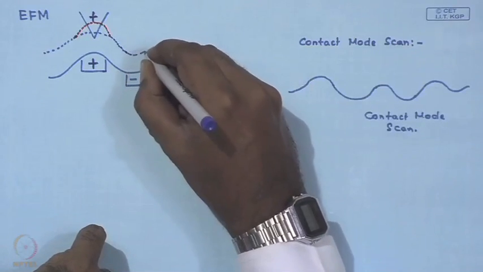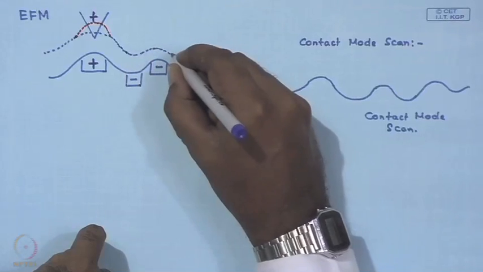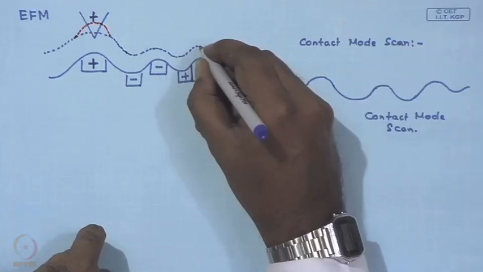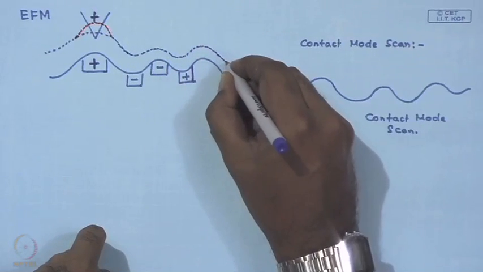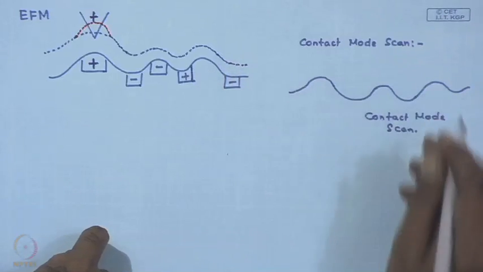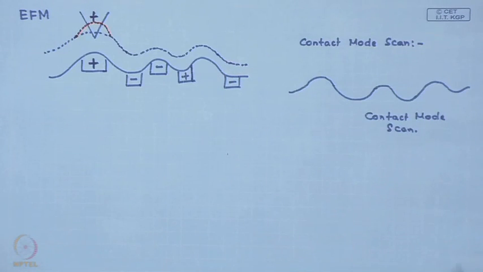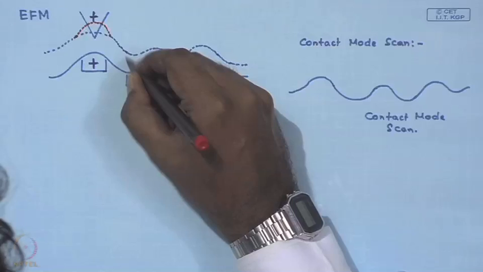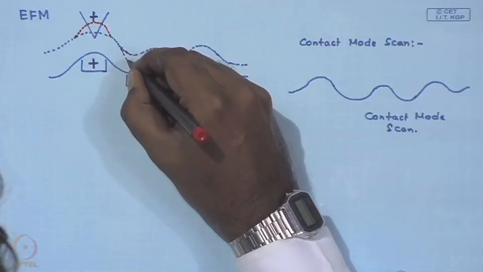Let us say this is the topography. You can get this topography by doing a contact mode scan, or by doing a non-contact mode scan with the voltage bias off. When you now do an additional scan with the voltage bias on, the tip is positive, this is negative, so there will be an additional attraction.